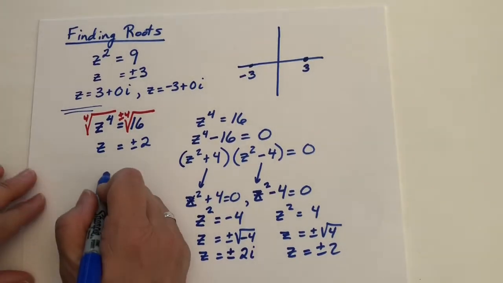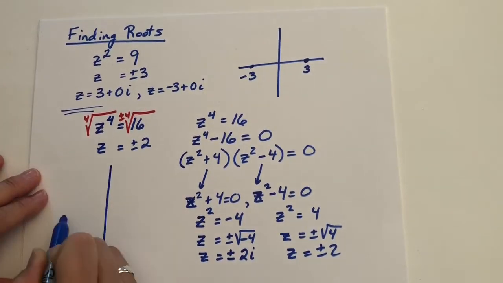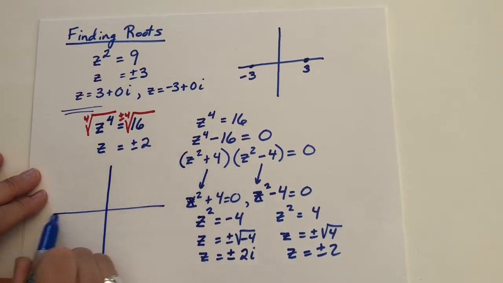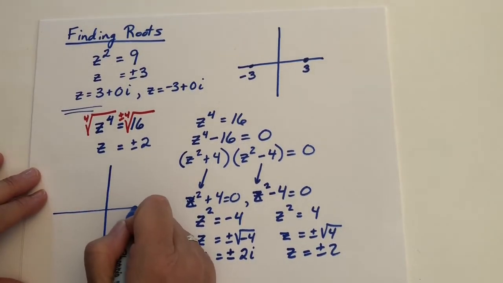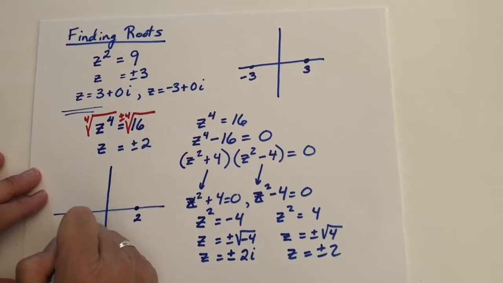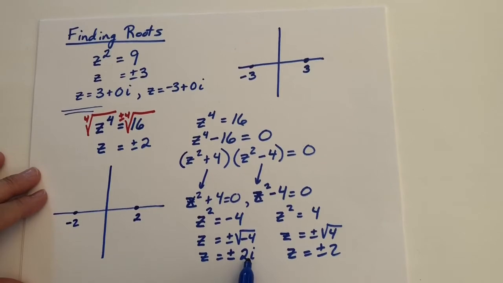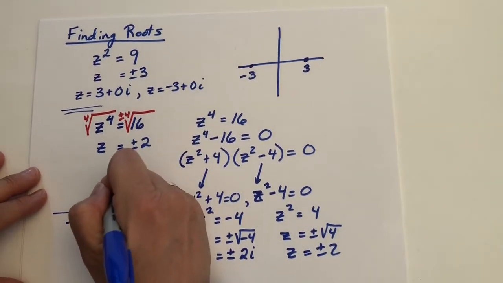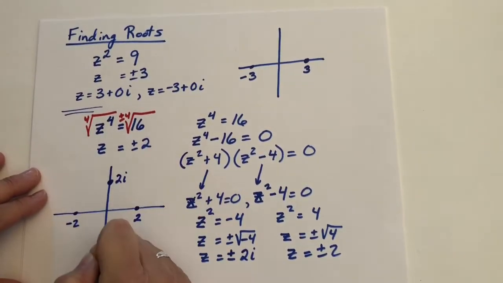Now let me show you on the complex plane how they look. This is the real axis. This is the imaginary axis. So when we're looking at 2 and negative 2, 2 could be here and negative 2 here. And remember, 2i would be up here and negative 2i is down here.